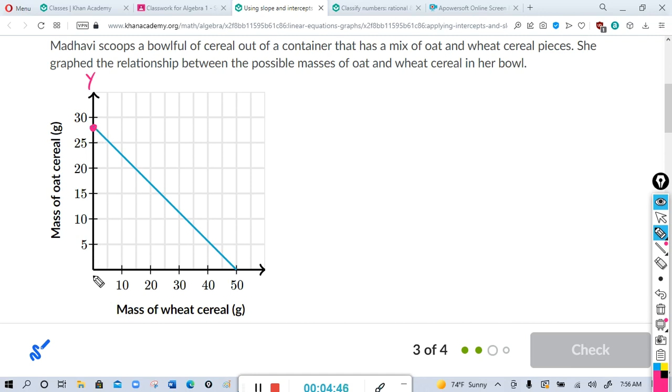The y-intercept is always at x equals 0. So this point represents the mass of oat cereal when there is no wheat cereal. Okay? When the wheat cereal is 0, this is the mass of the oat cereal. So the y-intercept is the mass of oat cereal when there's no wheat cereal.